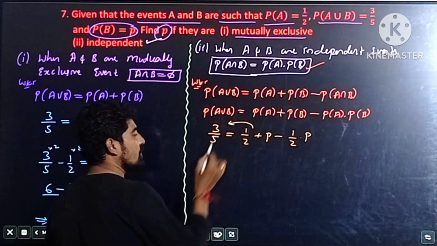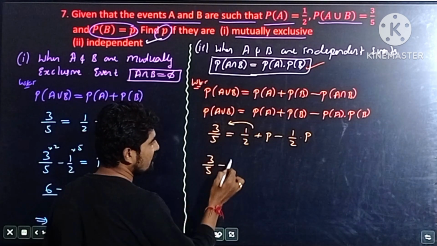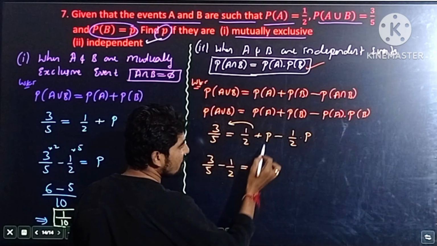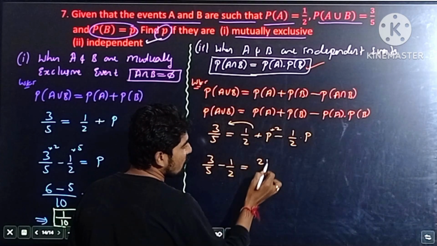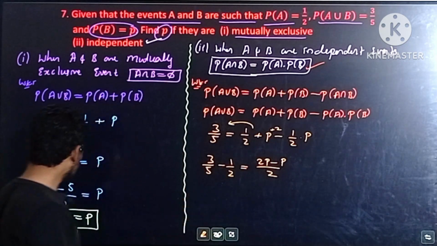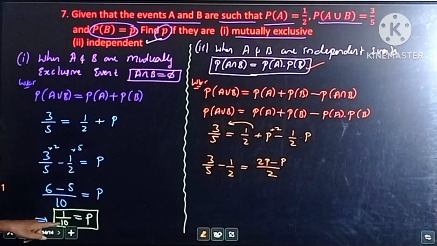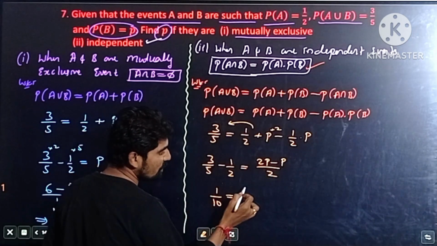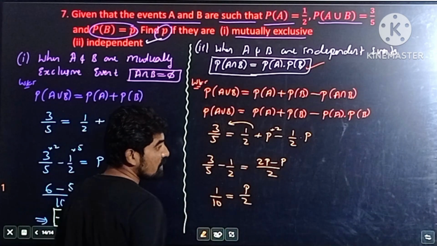So just shift this 1 by 2. 3 by 5 minus 1 by 2 is equal to P minus 1 by 2 P. LCM is 2, so here multiply by 2: 2P minus 1P divided by 2. As you know, 3 by 5 minus 1 by 2 is equal to 1 by 10. So 1 by 10 is equal to 2P minus P, which is P, divided by 2.